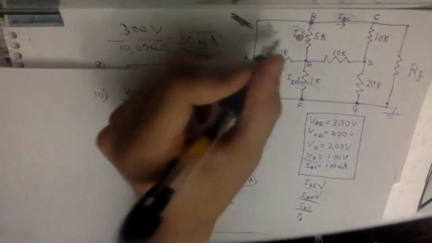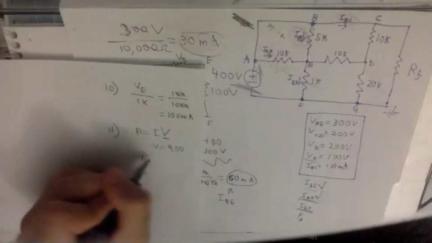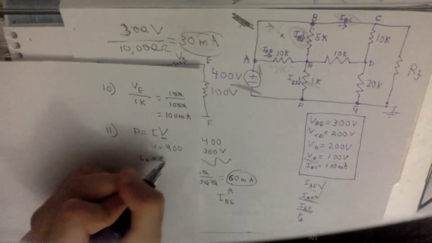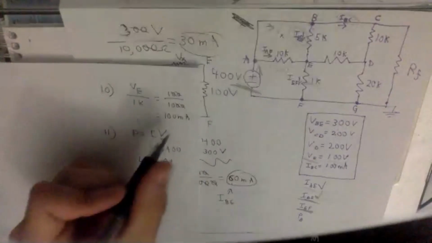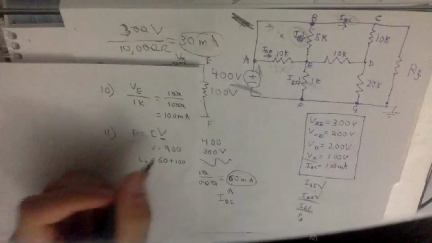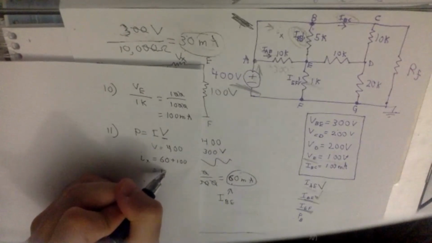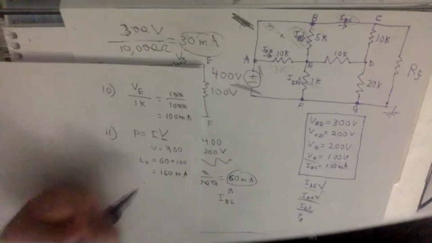So we know that this I, let's say, sub x, I sub x is going to equal 60 plus 100. It's going to equal 160 milliamps.